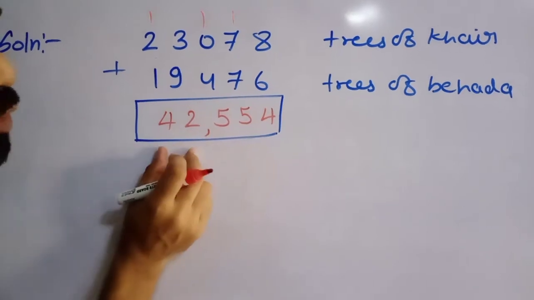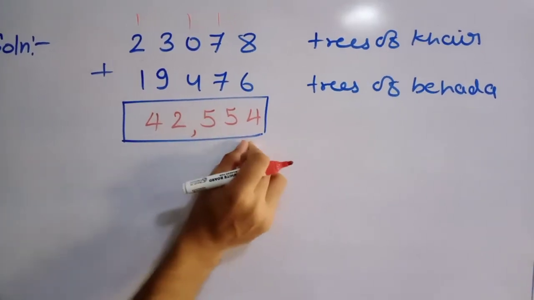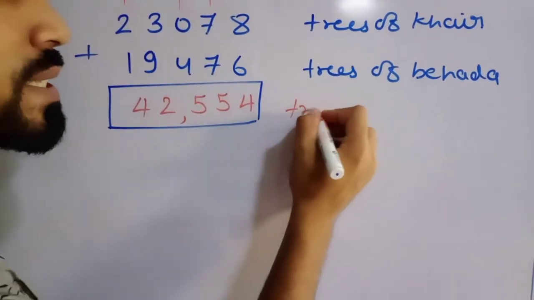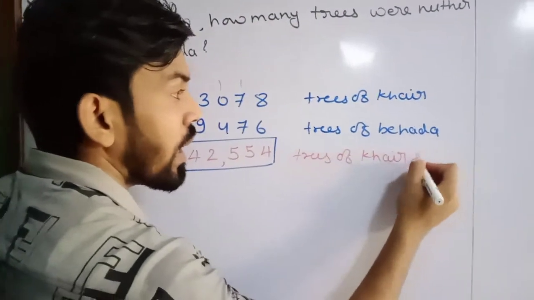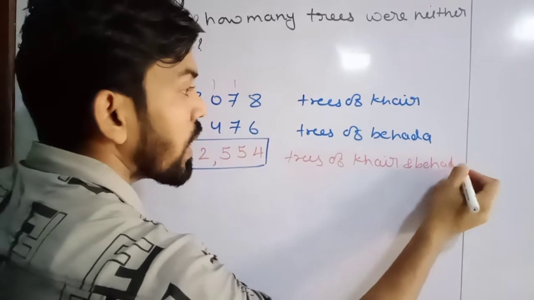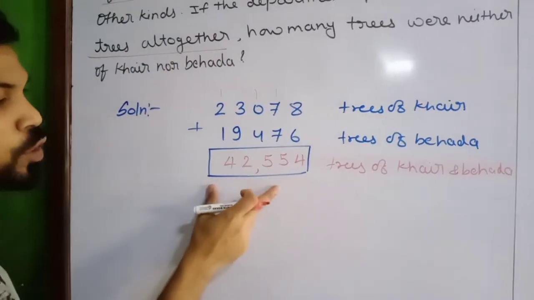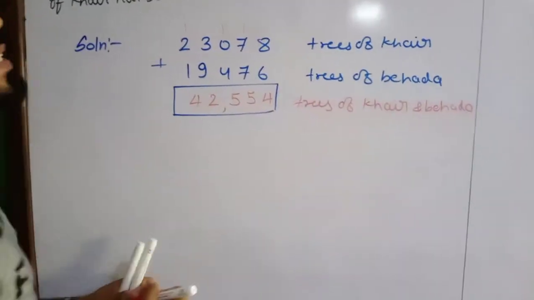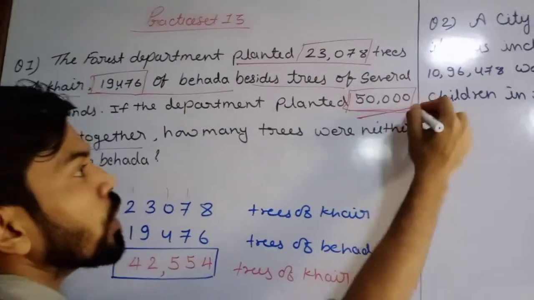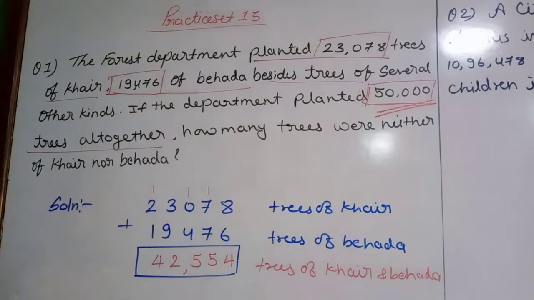That is 42,554 trees of Khair and Behda. Both kinds of trees are 42,554. And now you can see here we have the total number of trees, that is 50,000.